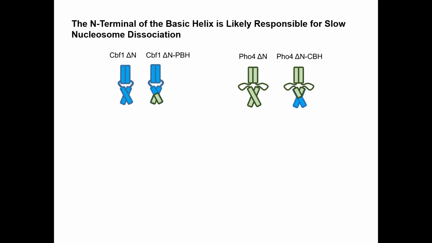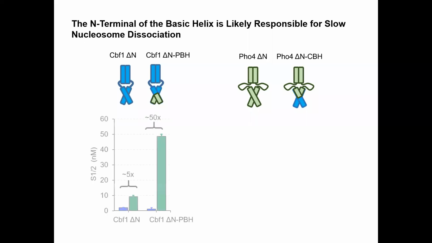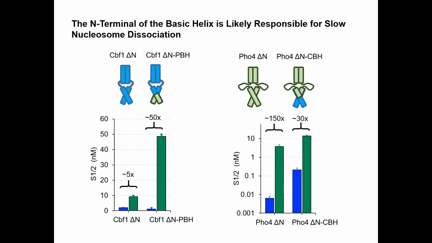So when we swapped in the full FO4 basic helix, what we see is that the binding affinity to DNA did not change, but the binding affinity to nucleosome dramatically reduced. Okay. When we swapped the CBF1 into the FO4, we see the opposite effect. So if you think about the relative affinity between nucleosome and DNA, we see a 5-fold reduction in this case.